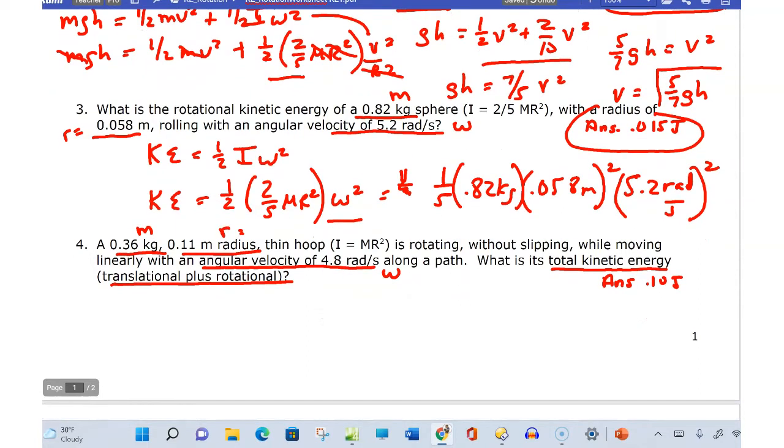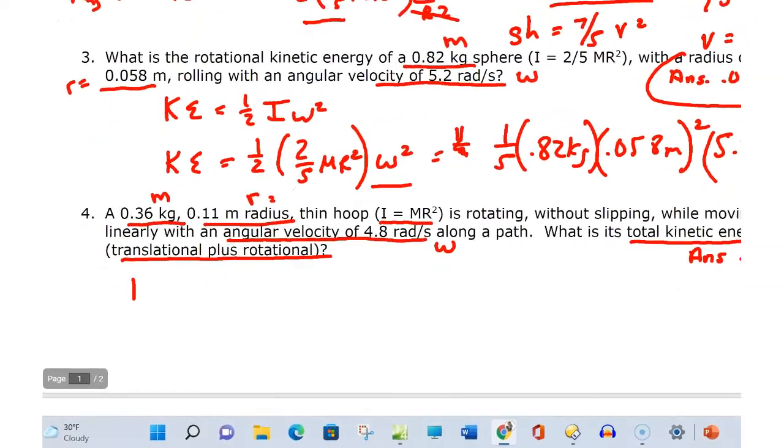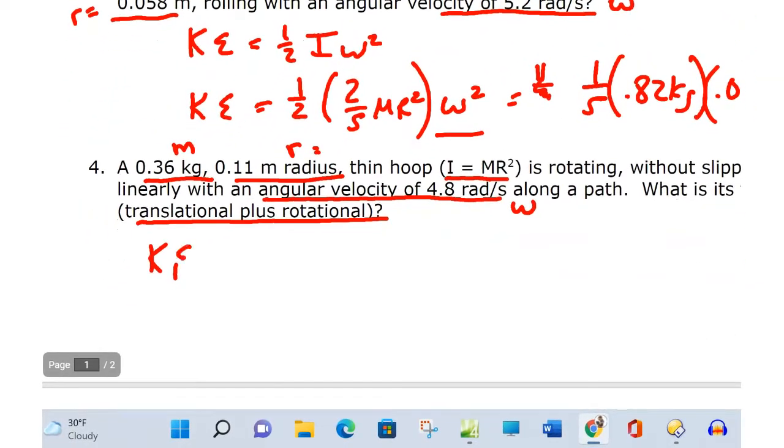A mass of 0.36 radius. It's a hoop. That's got a big moment of inertia, rotating without slipping, moving linearly with an angular velocity of 4.8 radians per second. That's omega. What's the total energy? Well, we know the total energy, maybe you call this KE total, equals the translational plus the rotational.